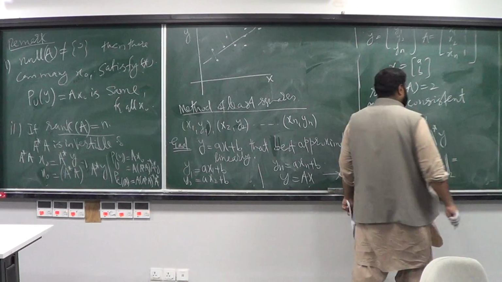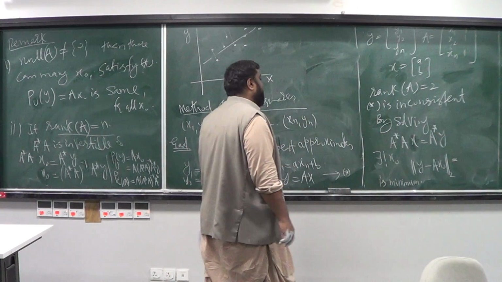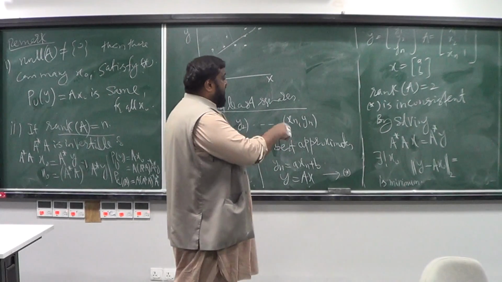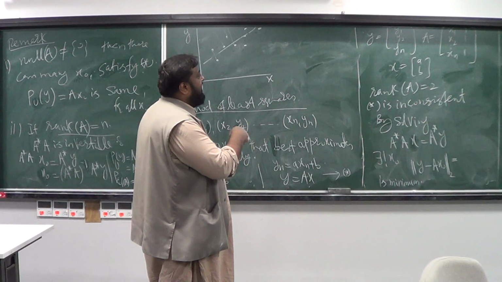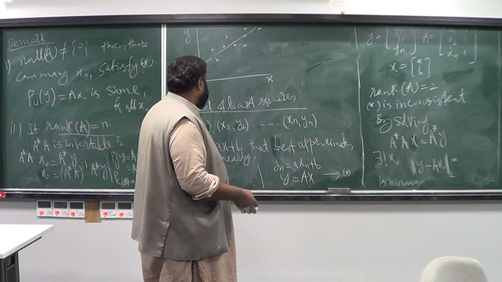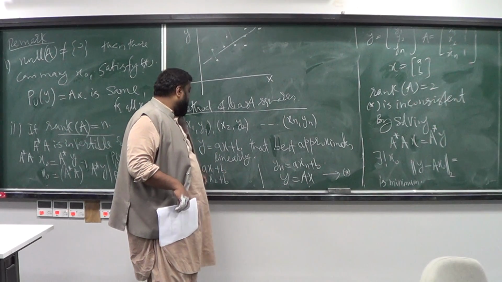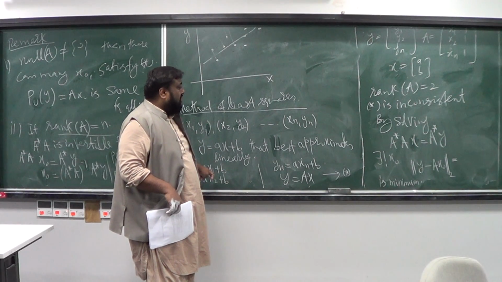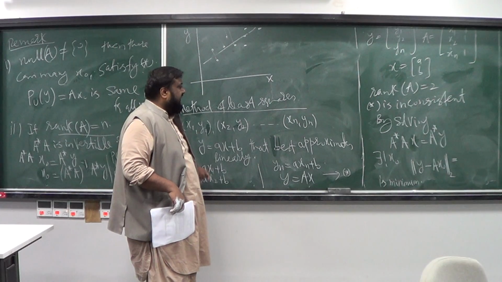But what is this distance explicitly in 2 norm? So y is the vector y1, y2, ..., yn, and Ax is the vector with entries a xi plus b.